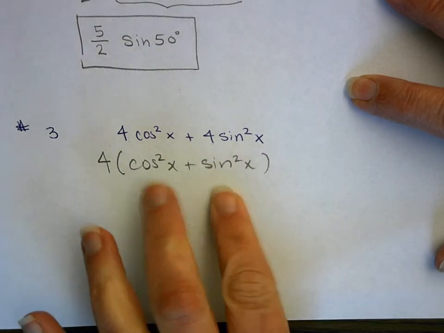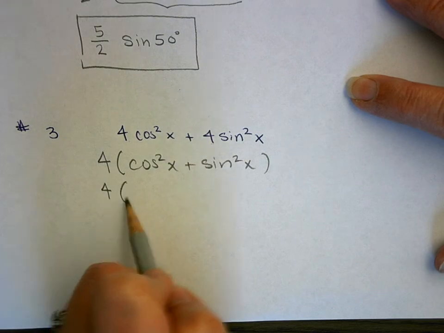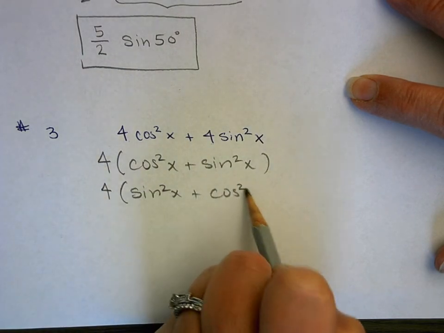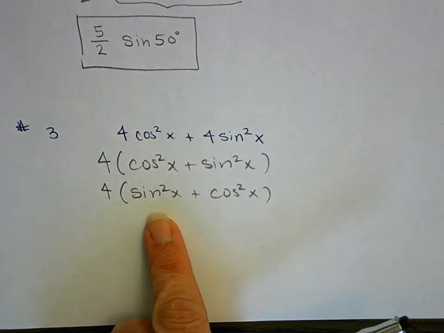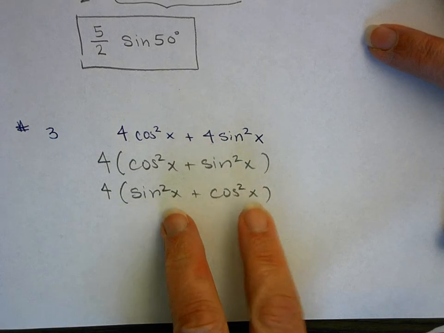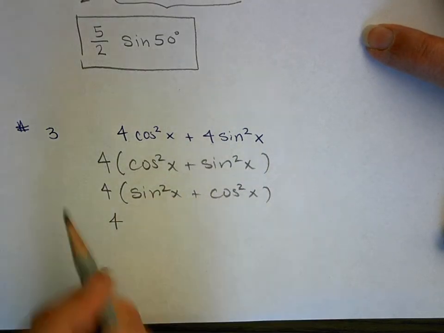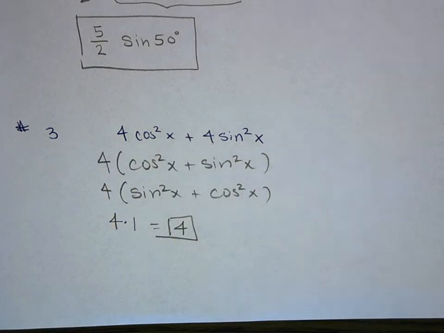And I know that addition is commutative, so it doesn't matter if I write it that way or with the sine term first, right? Those are equal statements. And now I have this identity, so I know this one pretty well. This is that Pythagorean identity. If I have sine squared plus cosine squared, that is just equal to 1. So I'm going to replace both of those terms with 1. So 4 times 1 would be 4. And that is the end of that.